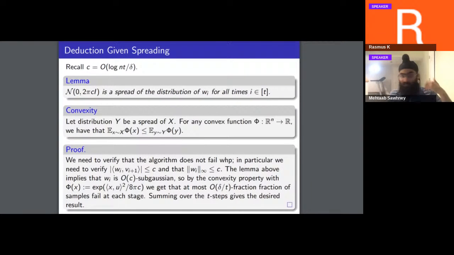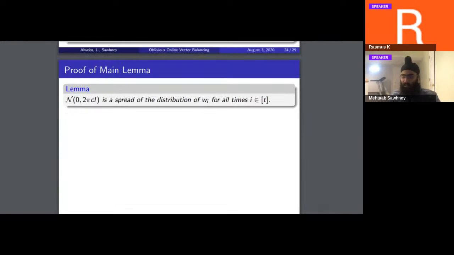But given that you only fail with probability delta over t over the t time steps, you're only going to fail with probability delta. And summing this basically gives the result. So the key ingredient we need is how do we actually show that at every time step, you're spread by this appropriate Gaussian.